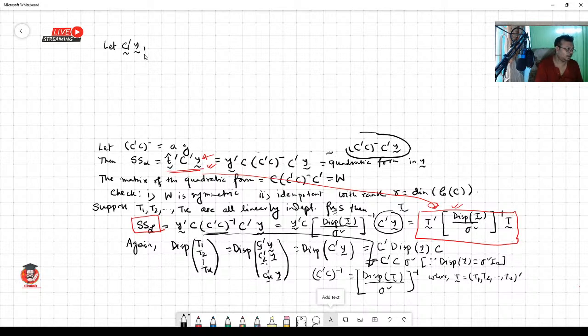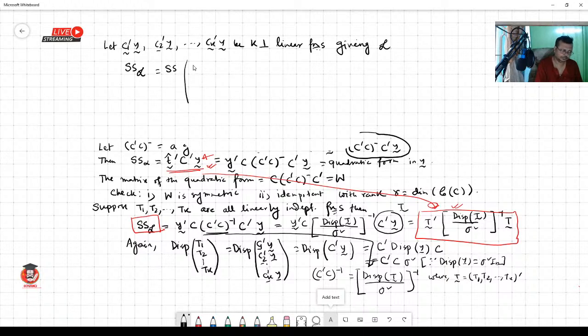Let C1 curl prime y curl, C2 curl prime y curl, CK curl prime y curl be K orthogonal linear functions giving script L, then SS due to script L is equal to SS due to C1 curl prime y curl, C2 curl prime y curl, CK curl prime y curl.